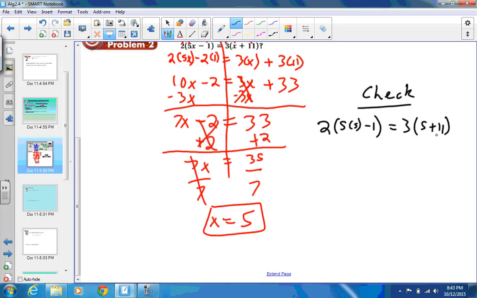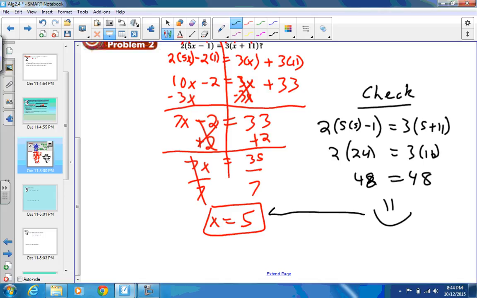So over here, parentheses first, that's 25 minus 1, which is 24 times 2. So this is 48. And over here, this would be 3 times 16. You would check what 16 times 3 is, and that is also 48. So that means we are happy. That is our solution.